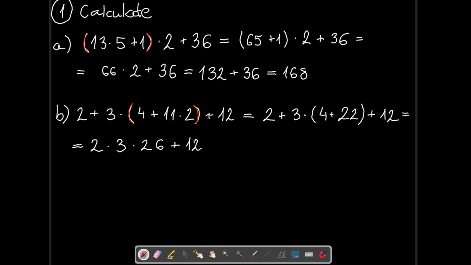And now we are left with the expression where we only have addition and multiplication. Sorry, there is a plus right here. So we need to do that multiplication first. So 26 times 3 will be 78.